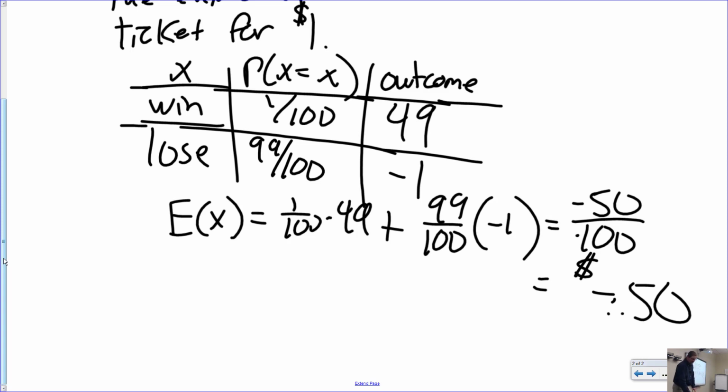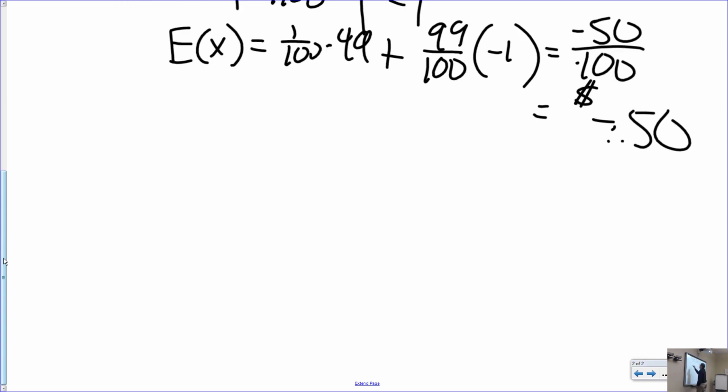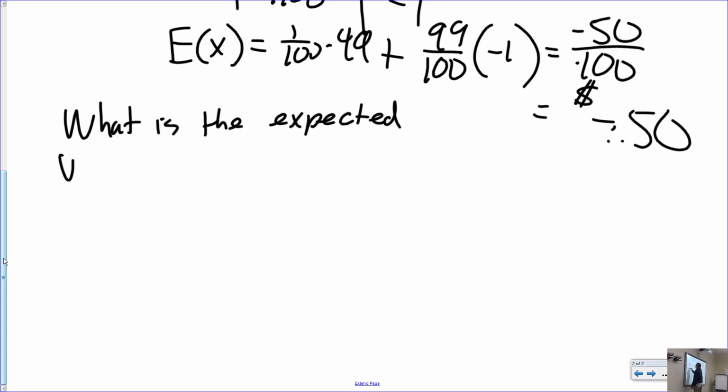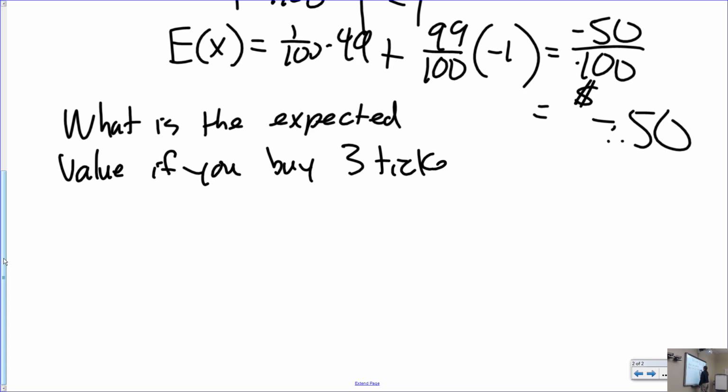All right, now the problem goes on and it says, wait a second, you could also buy 3 tickets for $2.50. What is the expected value if you buy 3 tickets for $2.50?